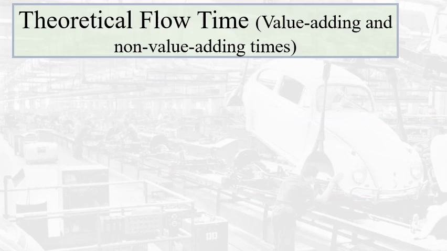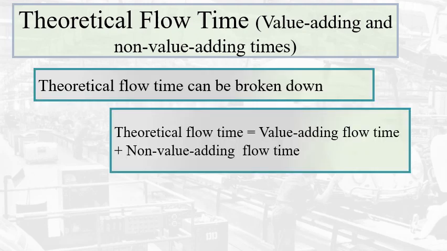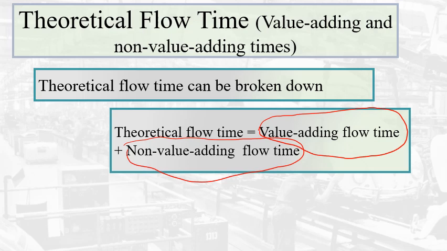So far we said that the flow time is equal to the theoretical flow time plus waiting. But the theoretical flow time itself is made up of value-added activities and non-value-added activities.